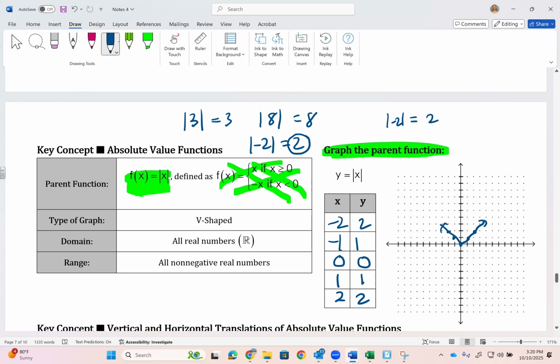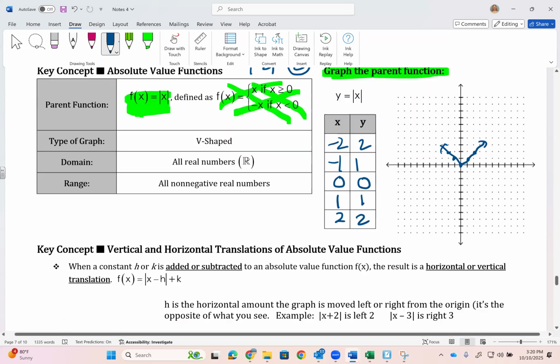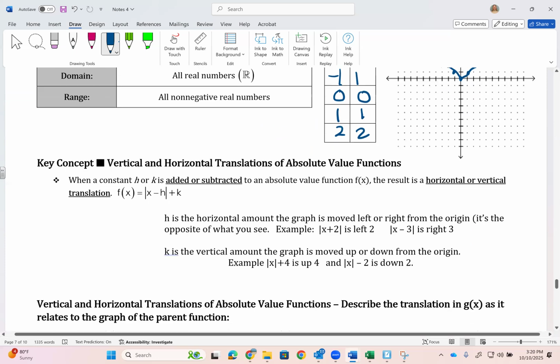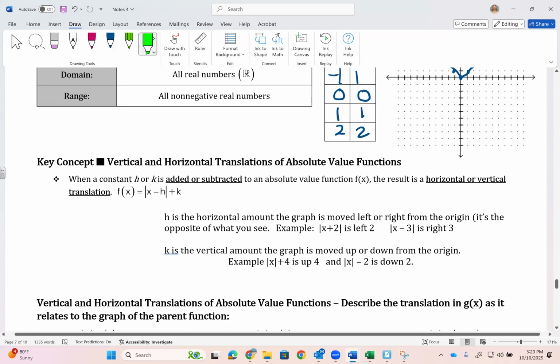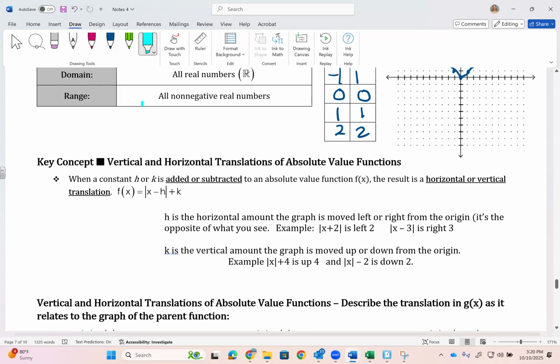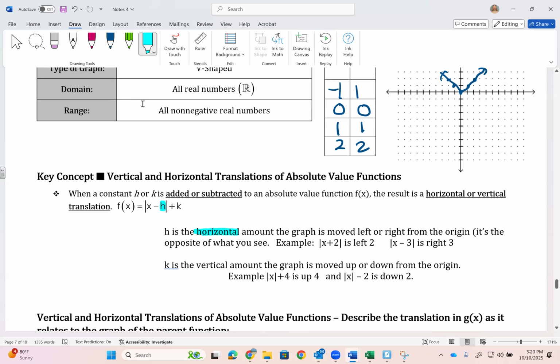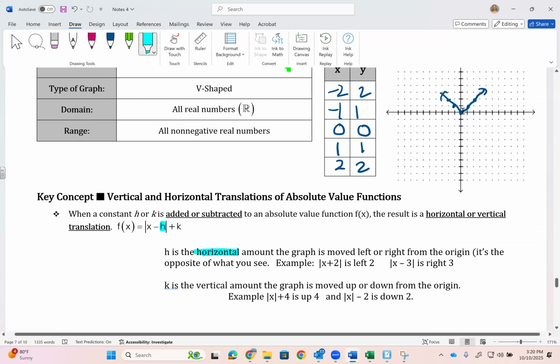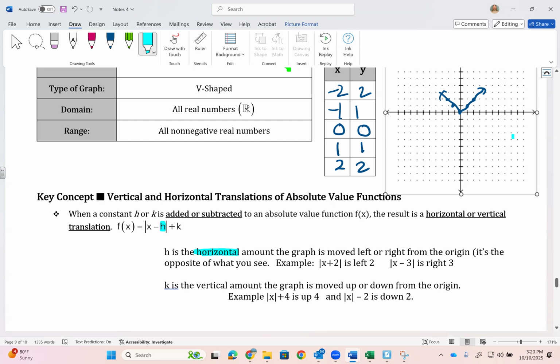Now, what we're going to do is we're going to know the code so that we can graph these. The two things you need to know are this. The first thing is, if you would like to move something horizontally, like if you want to shift this graph right here, if you want to move it left or right, what you're going to do is add or subtract to the x, right here in the parenthesis.